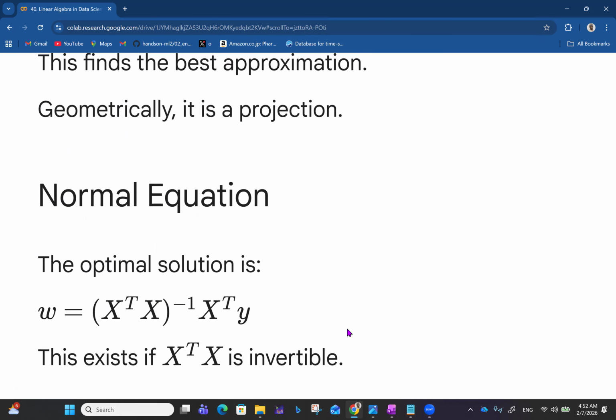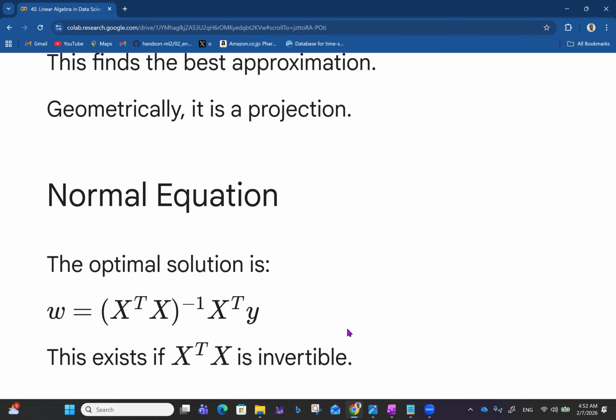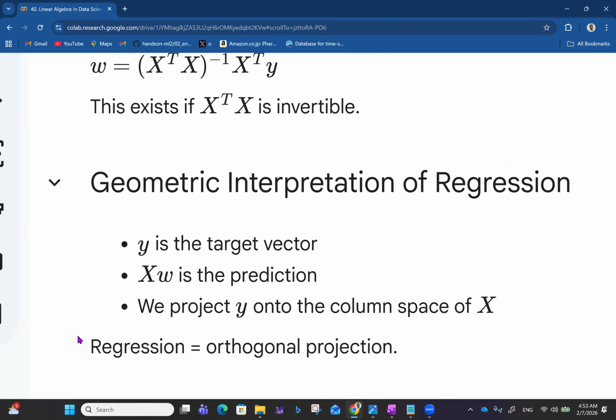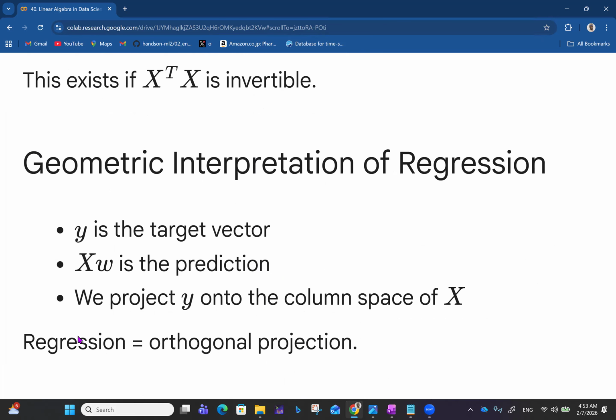You remember in cases where you have inconsistent equations, where you have more equations than variables, least squares via normal equations can help you take care of situations like that. The optimal solution is W equals (X transpose X) inverse X transpose Y. We did something like this previously. This exists if X transpose X is invertible. As long as you can find the inverse, you can approximate the value of W.